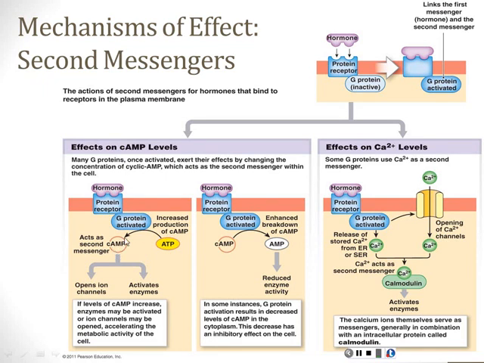So what is that? Well, remember that ATP is sort of a long molecule, because it's an adenosine, and then it has phosphates attached. Well, what cyclic AMP does is it takes this and turns it into a circle.